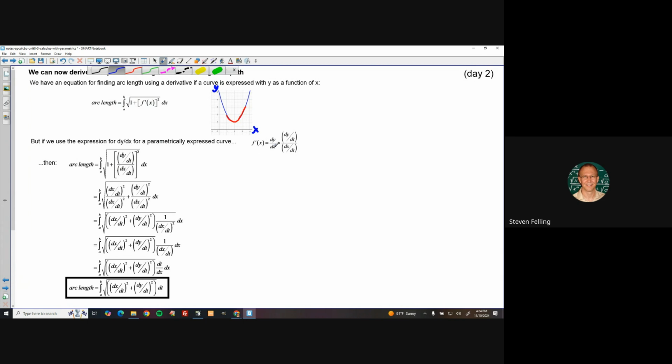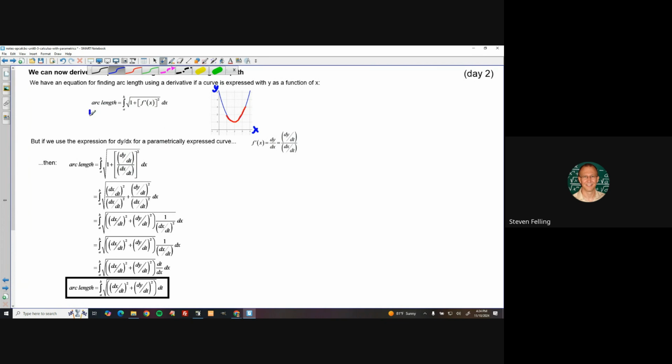But now with parametric equations, we have this third variable t, and we know that dy/dx is equal to dy/dt over dx/dt. So if you plug this expression, dy/dt over dx/dt, in for the f prime of x, you can do some fancy algebra to derive another equation for arc length.